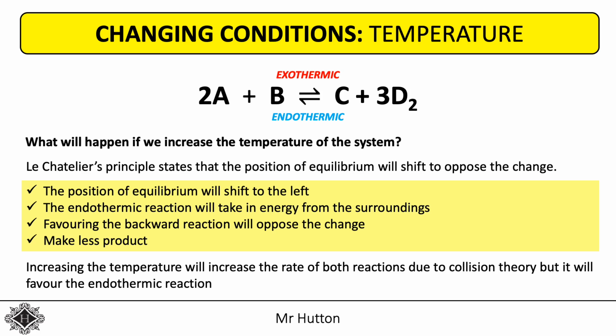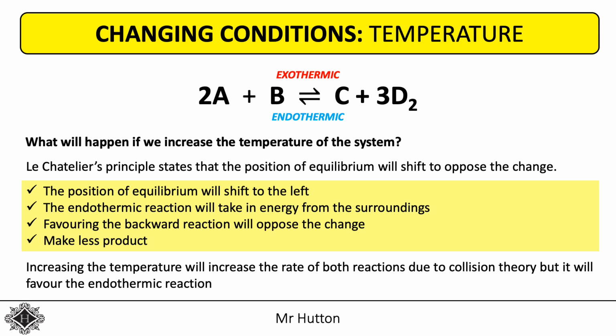So in terms of our concentrations of reactants, when we looked at equilibrium, we looked at how at the point where the rate of the forward and backward reaction is the same, it's not always that the concentration of reactants is the same. So what we've done here, we've increased the forward and the backward reaction.